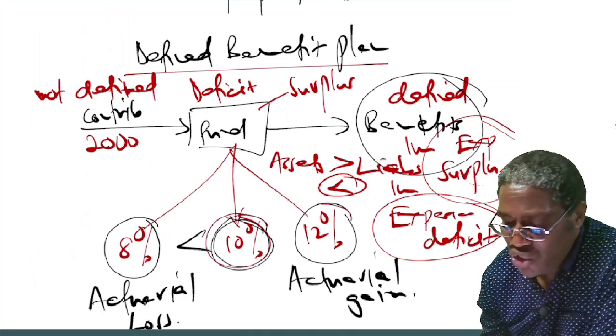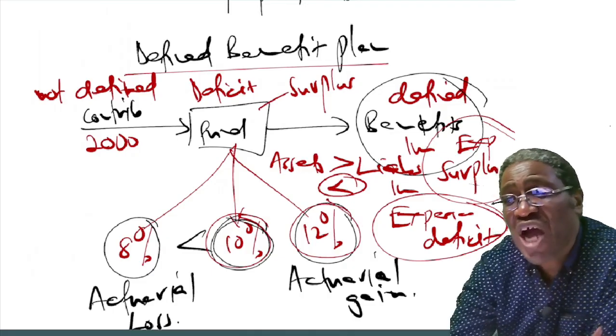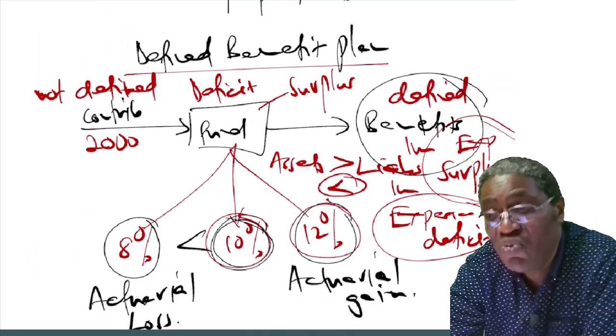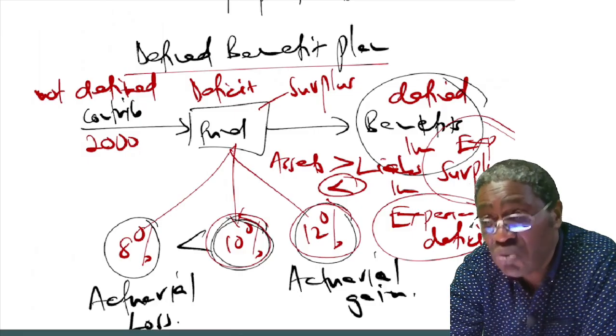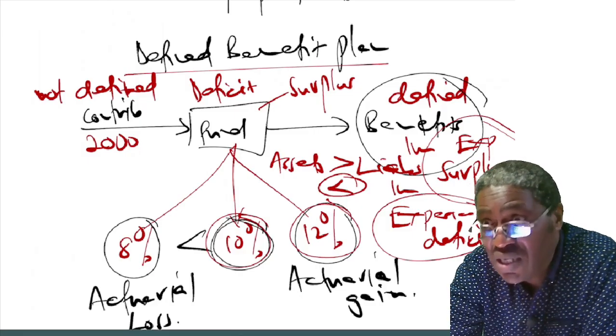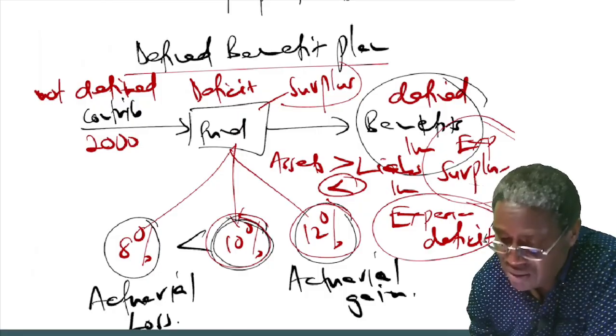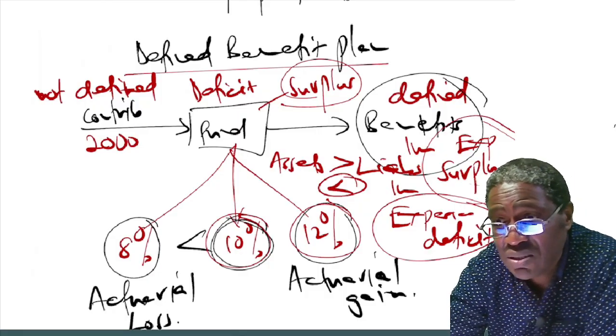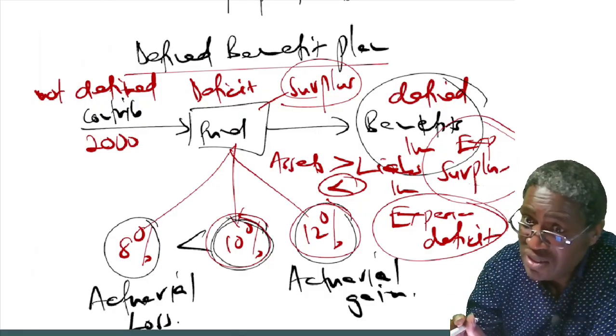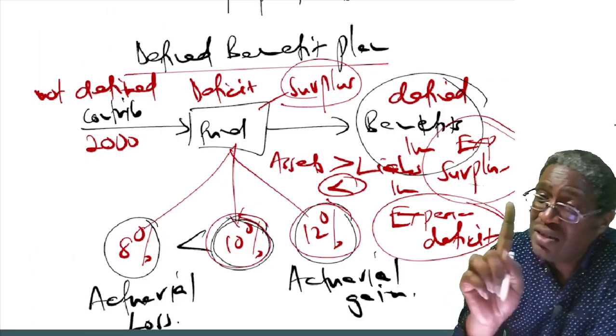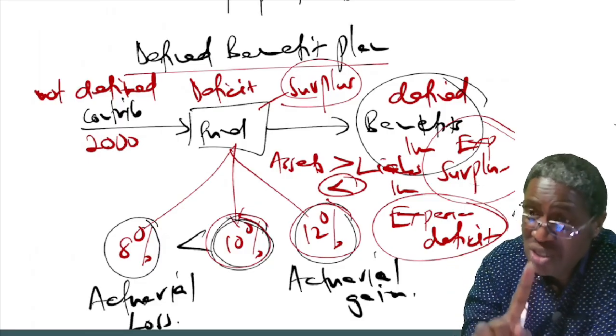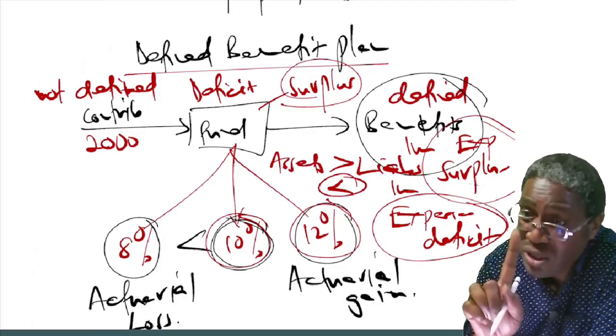Now we are earning 12%. What will happen to the fund if we continue contributing 2,000, earning 12%? The fund will have a surplus. I told you that. And I've also said, if you're earning 12% over the 10% projection, your fund is said to have an actual gain.